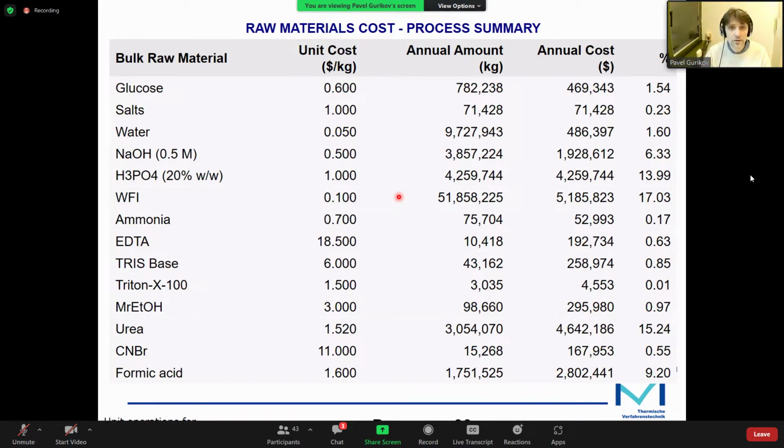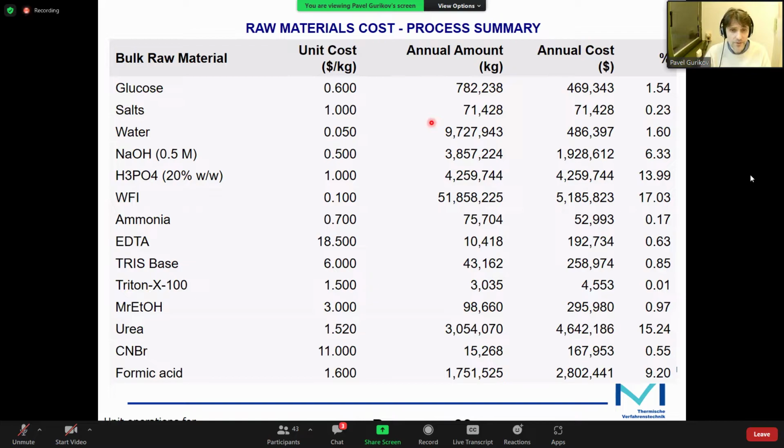When you compare the price of water to chemicals, chemicals are usually much more expensive. So this is the cheapest thing you get. If you use a lot of water, regardless of environmental aspects, you are not driving up the price a lot. Of course, water without any special treatment, like for cooling, is even cheaper.